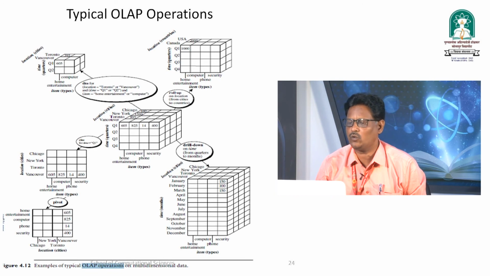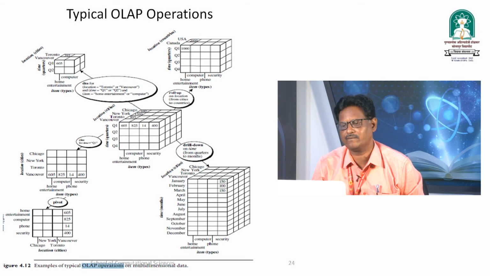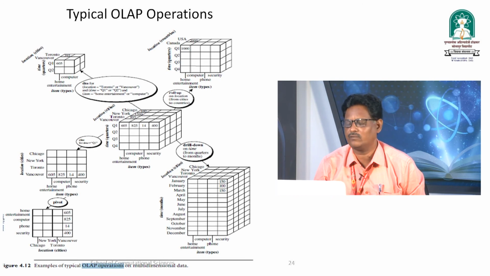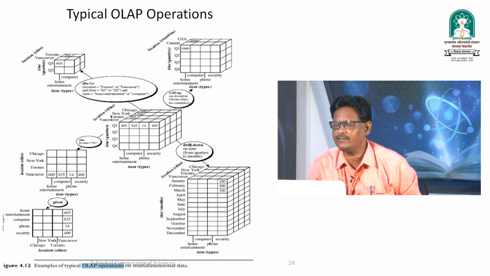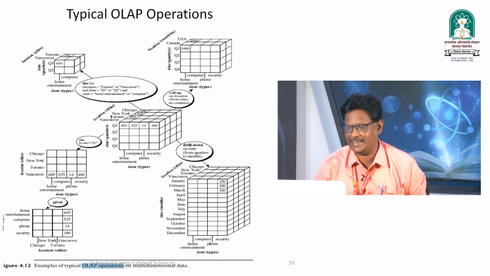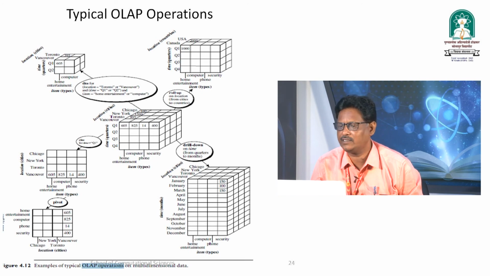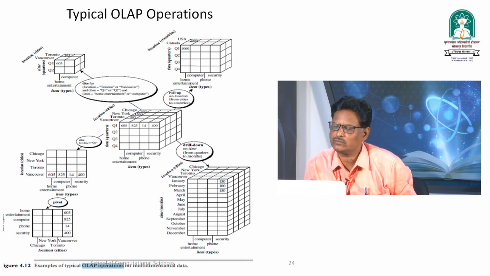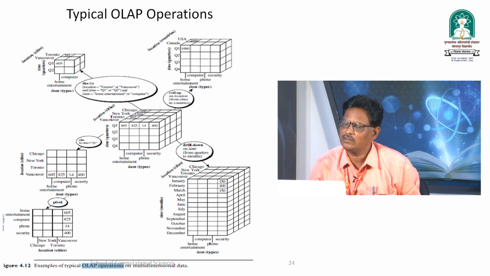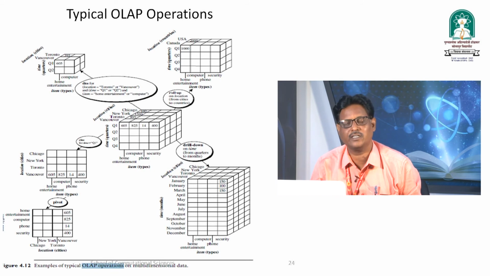You will find there is a roll up operation. In the roll up operation we can gain the information in the form of aggregation. See the example in the figure: there is a time dimension, quarter 1, quarter 2, quarter 3, quarter 4.